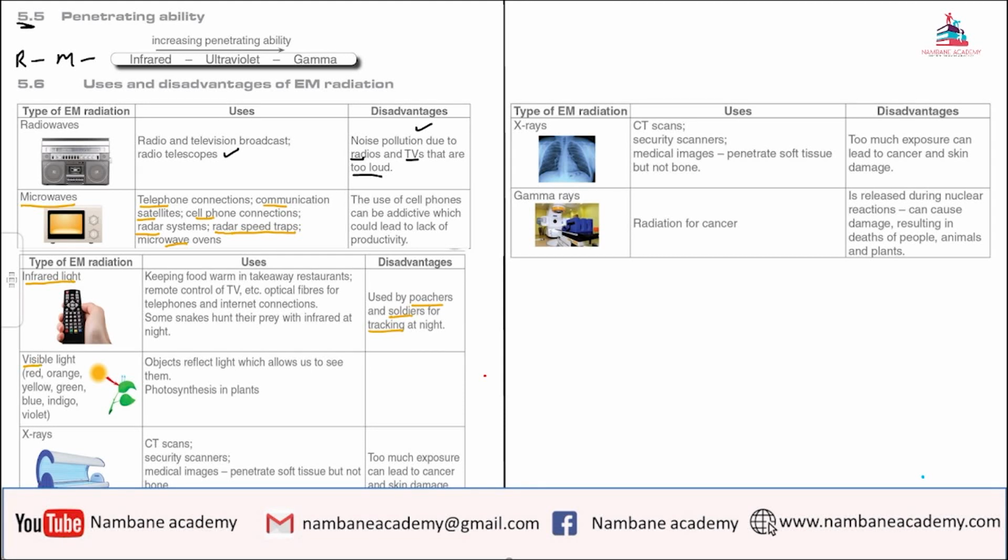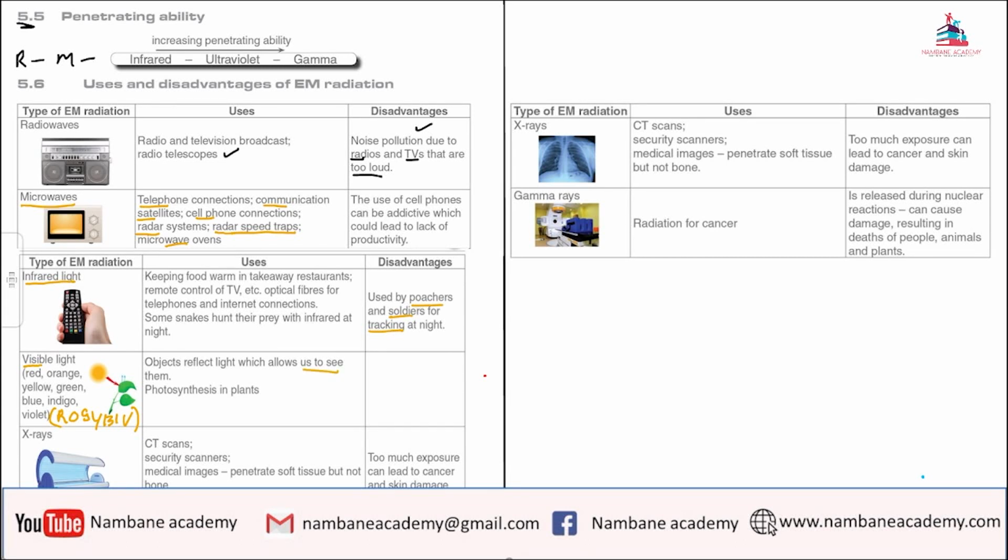Visible light. Visible light is what we call Roy G. Biv. That is from grade 8. Red, orange, yellow, green, blue, indigo, and violet. Objects reflect light, which allows us to see them. So for us to see objects, there has to be light that is transferred from the object to us.